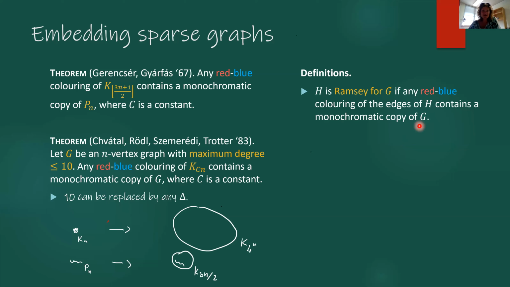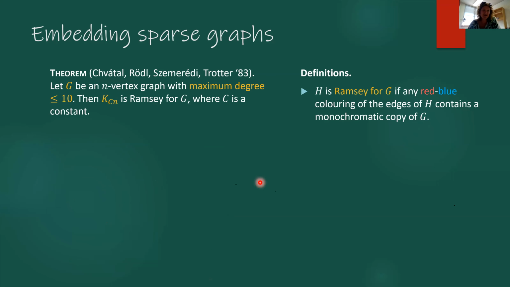With that, this theorem can be restated as follows. You can just say that the complete graph on Cn vertices is Ramsey for G, where G is a bounded degree graph. And now some clarifications on my asymptotic notation, which, if you work in a very different area, may confuse you, and you're welcome to ask anytime.